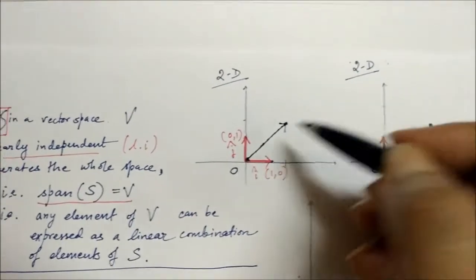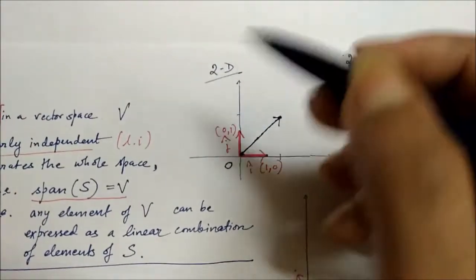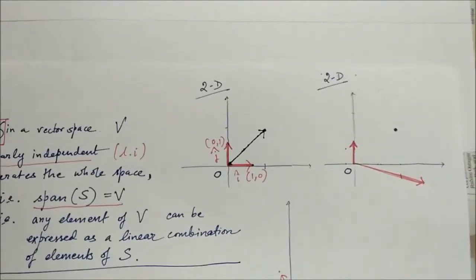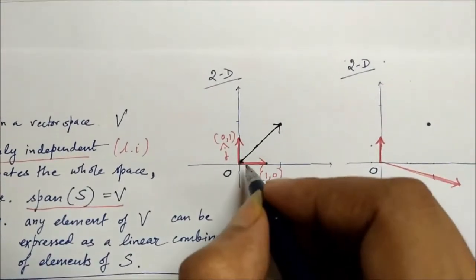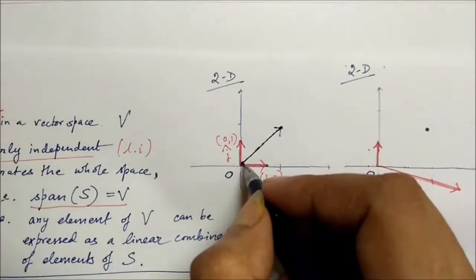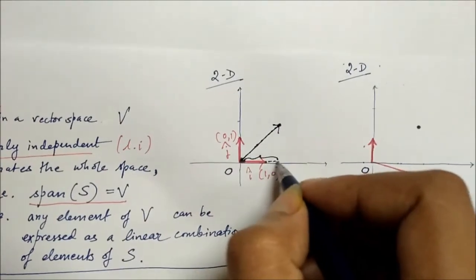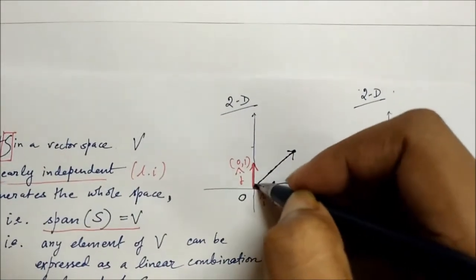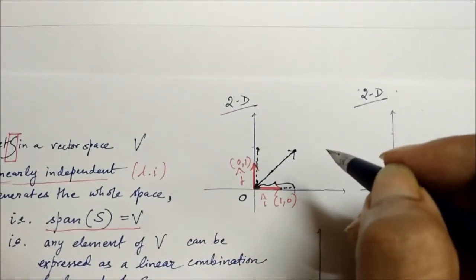So what does it mean? That this is any vector of this plane or this vector space of 2 dimensions. You can get it by, look at this one, if you multiply it by some factor which goes up to this, you can do that. It doesn't have to be an integer, it can go up to this, right? And you can multiply this 0, 1 vector by some factor going up to this, okay?